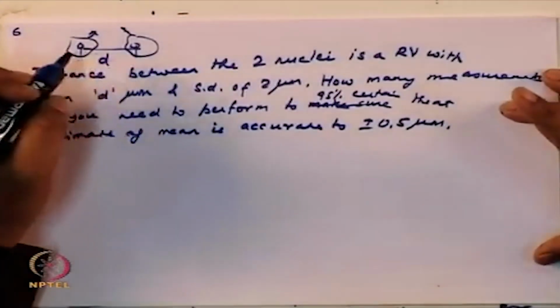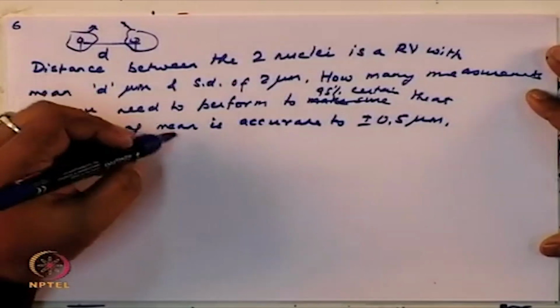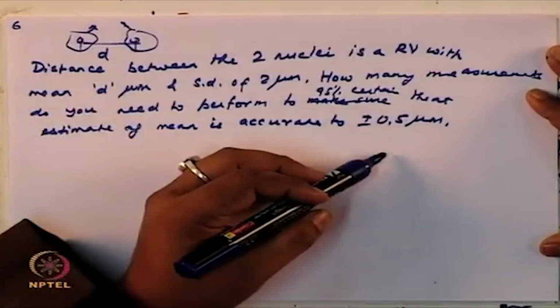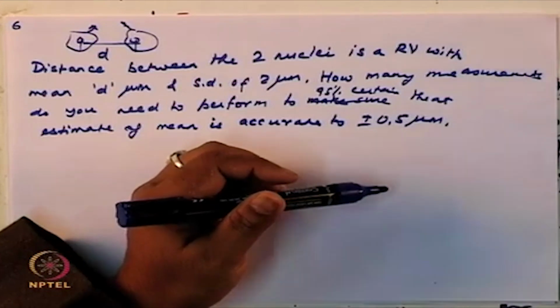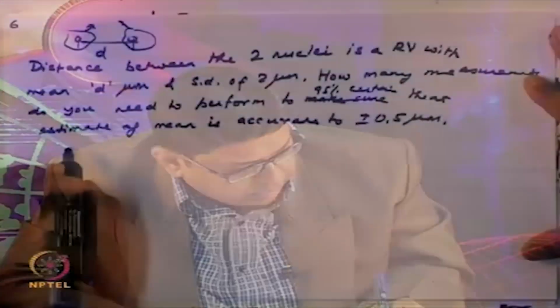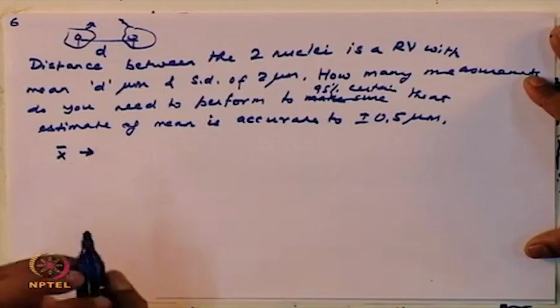You have this D as the average. You want to know that the estimate of the mean is accurate to plus or minus 0.5 microns, and given the scaling sigma by root n, we know that if we increase the sample size n, you would get a much better measurement. So, mathematically, x bar is the distance between the two cells.